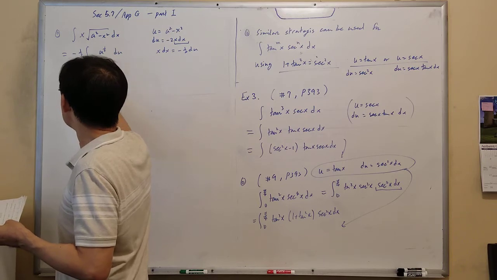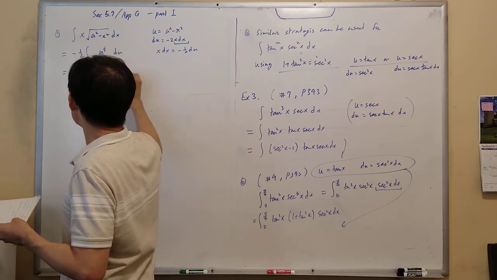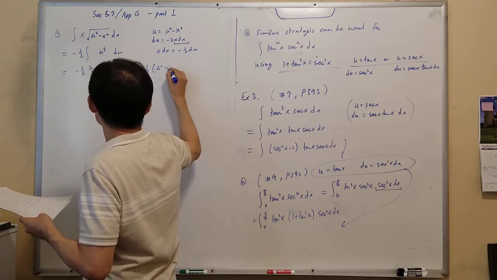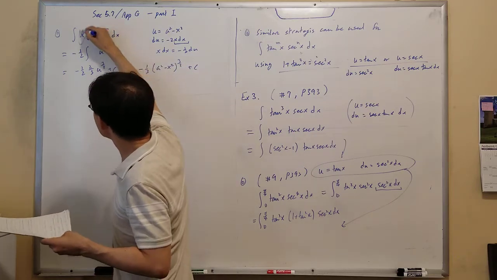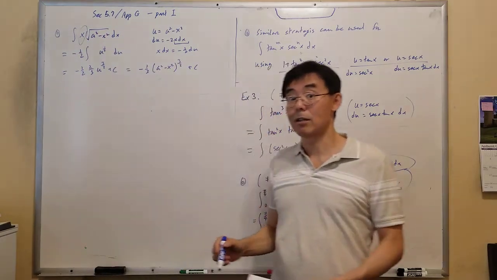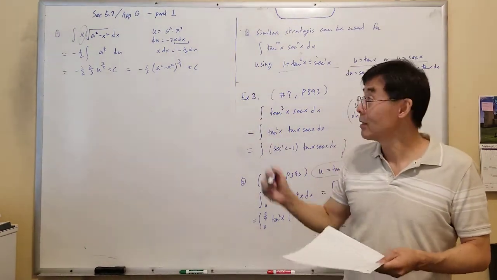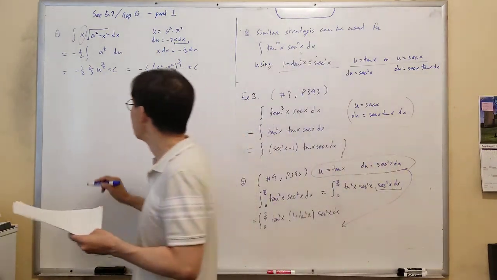Adding 1 is 3 over 2. 2/3 u to the 3 over 2 plus c. So minus 1/3 times 3 over 2. So having extra x was not a curse. It turns out to be a blessing. It makes us use this simple substitution.